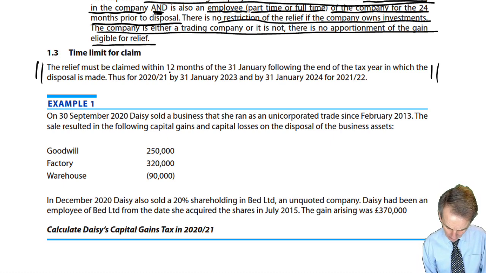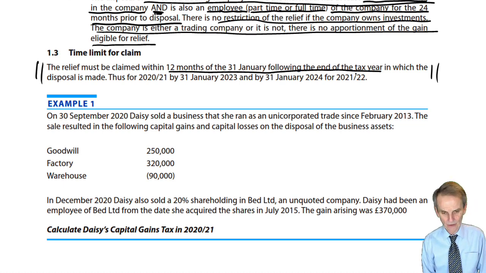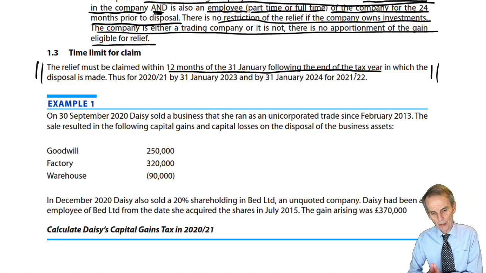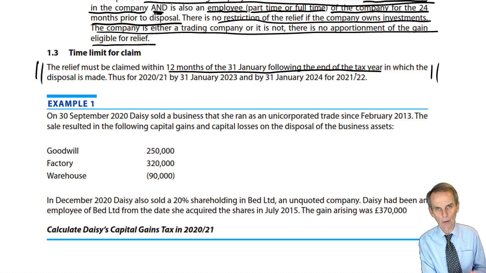The relief must be claimed within 12 months of the 31st of January following the end of the tax year. Now you will recall that you normally have to pay your CGT, and certainly on these business assets, by the 31st of January following the end of the tax year in which the disposal took place.